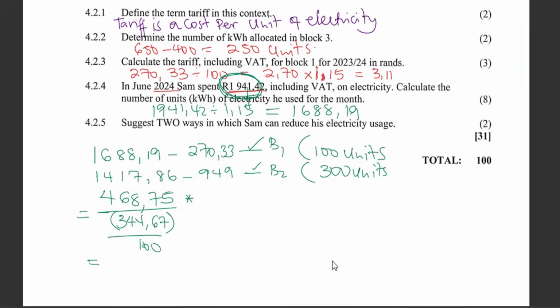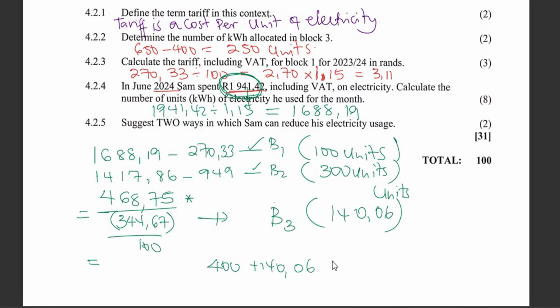So the answer here becomes block number 3. They won't use everything, but you remain with 100 units. So guess what we're going to do? We're going to add all these units. So it's 400 that I have on top plus 146 units. So here the units that we are using is 540 units and 6. These are the units used.